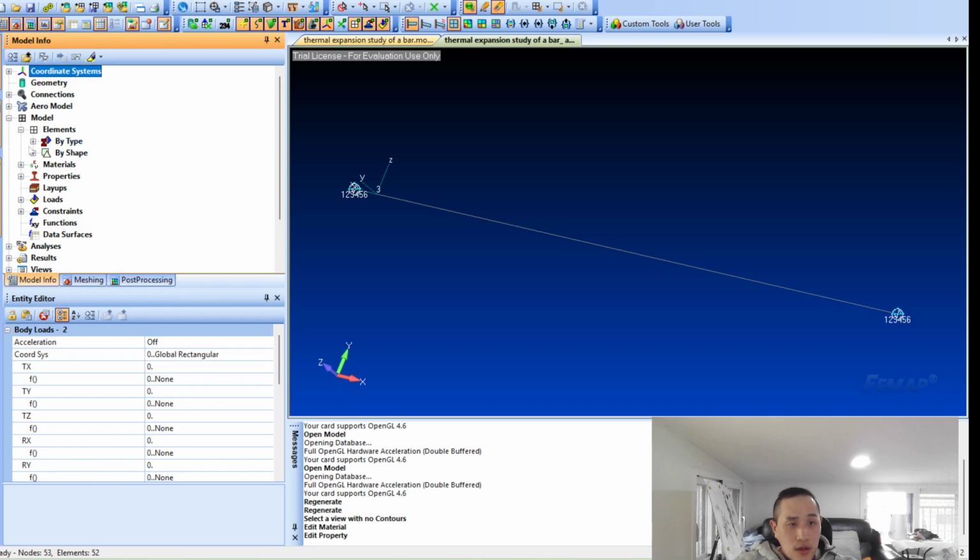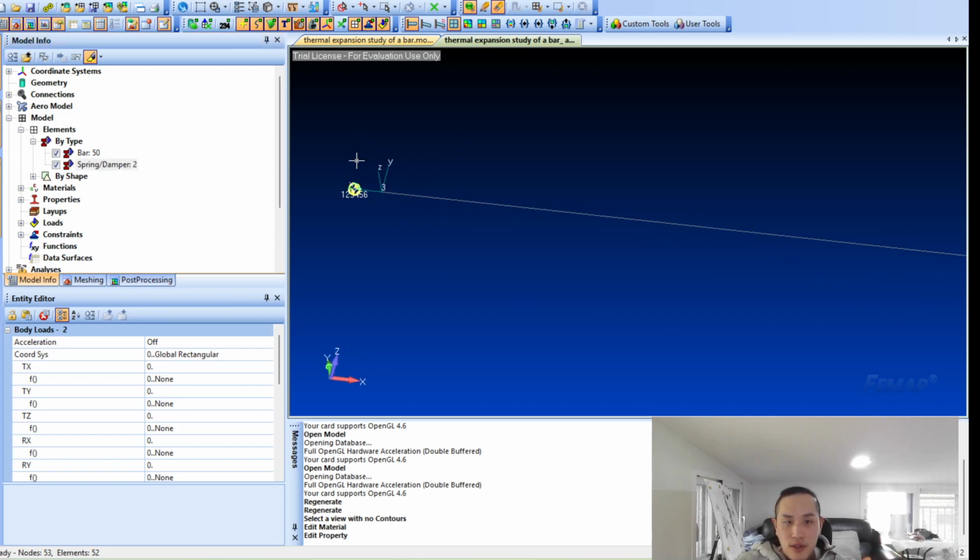Here are the C-bushes. I'll highlight them for you here. So you can see a C-bush here and a C-bush here. So I added another node because the C-bush needs two nodes, right? And then they're coincident, so I had to actually add a coordinate system. And this is the coordinate system here. Don't worry about the Y and Z's. I'm just trying to get the X vector that's aligned parallel to the bar.